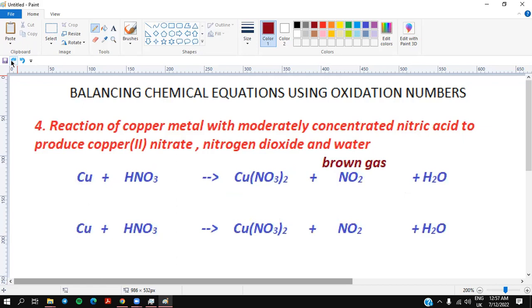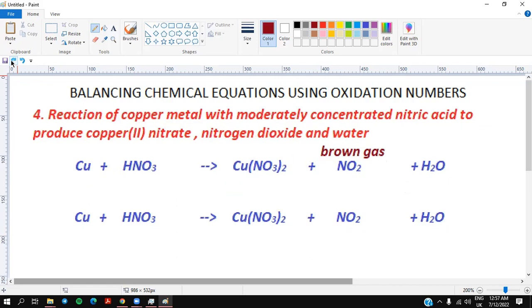I've taken the reaction written twice. In the lower one, we'll try to balance the equation. Let's see what happens to copper in this reaction, and then nitrogen. Because copper is in uncombined form on the left-hand side, its oxidation number is 0.